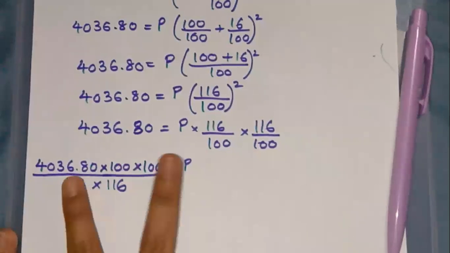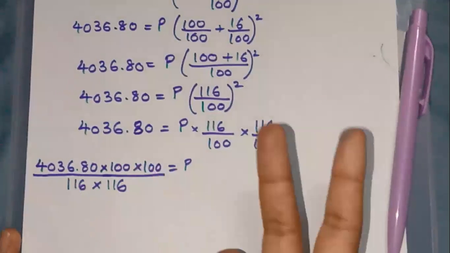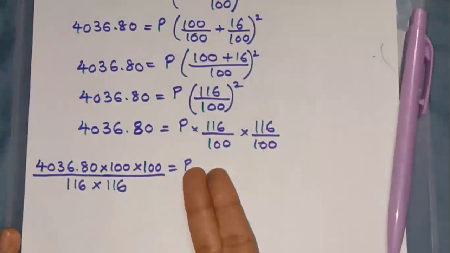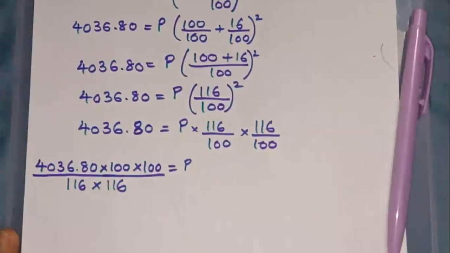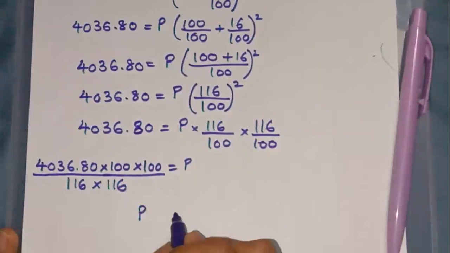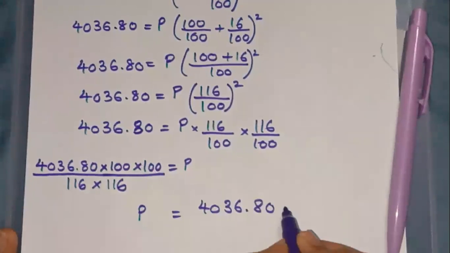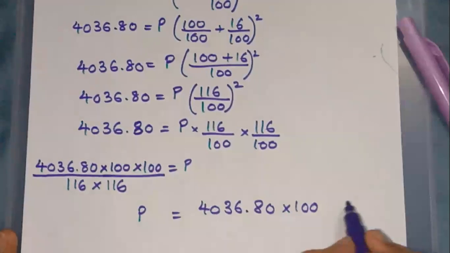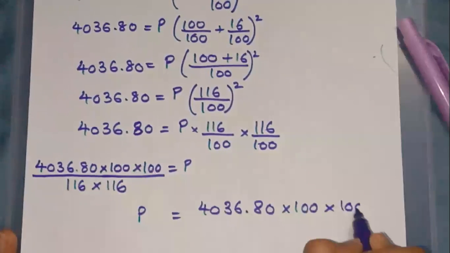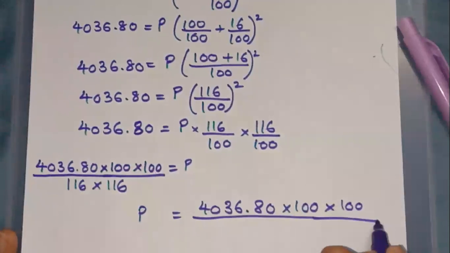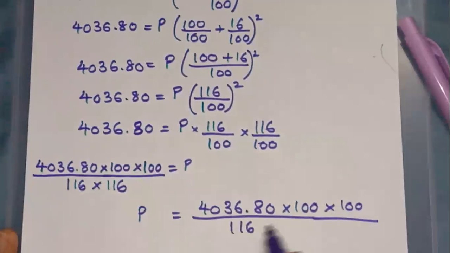I'm going to write all of these again to my right side and P to my left side. So I am writing P is equal to 4036.80 multiplied by 100. I am just writing the similar numbers, no change, nothing I am doing. 116 multiplied by 116.